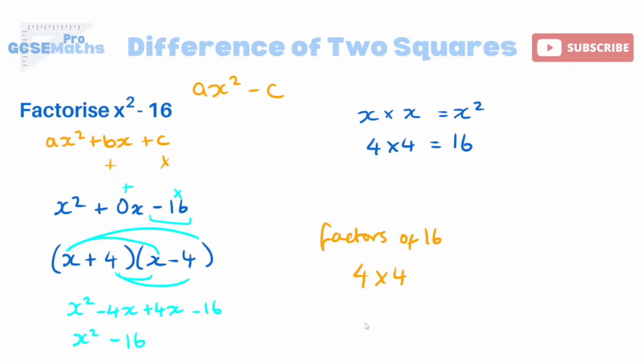You need to do 2 brackets, one a plus, one a minus, and just the square root of each of these. So obviously the square root of x squared is x, and the square root of 16 is 4. You're not even having to really think about trial and error or anything. Obviously, I've just shown you how it works. But my point is if I saw this question, immediately I'm thinking, right, x plus 4, x minus 4. I'm not even having to actually work it out, if that makes sense.